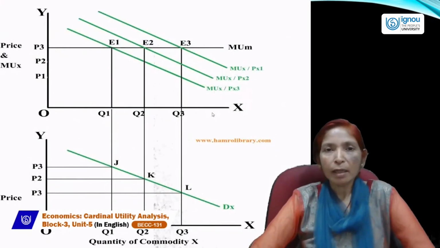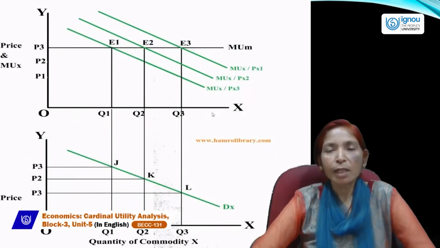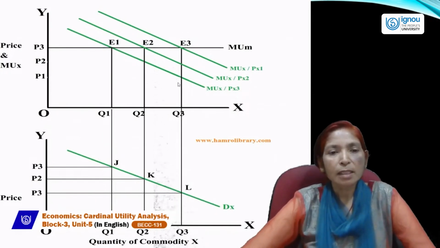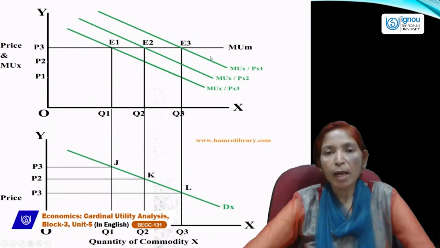Here, the demand curve can also be derived with the help of the law of equi-marginal utility. For example, we assume that the marginal utility of money remains constant. So MUM represents the marginal utility of money, which remains constant according to the assumption of cardinal utility analysis.